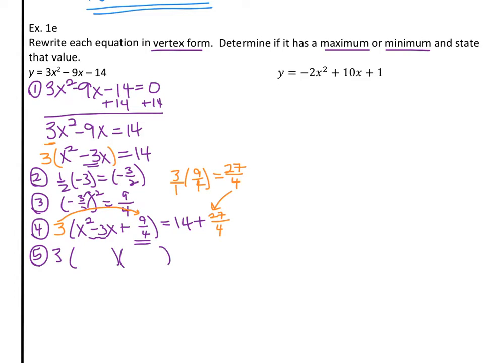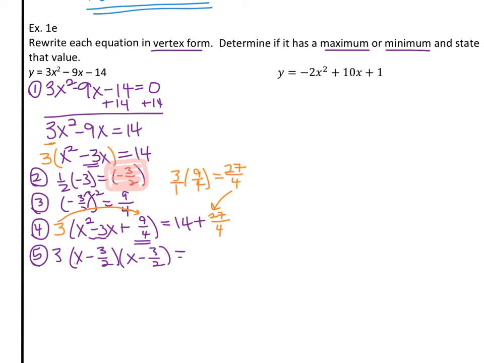Our answer will always be this step up above, in step 2. So that number is going to be what goes on the inside. All right, here we go. x minus 3 halves and x minus 3 halves. If you were to FOIL those two parentheses, you would in fact get x squared minus 3x plus 9/4.